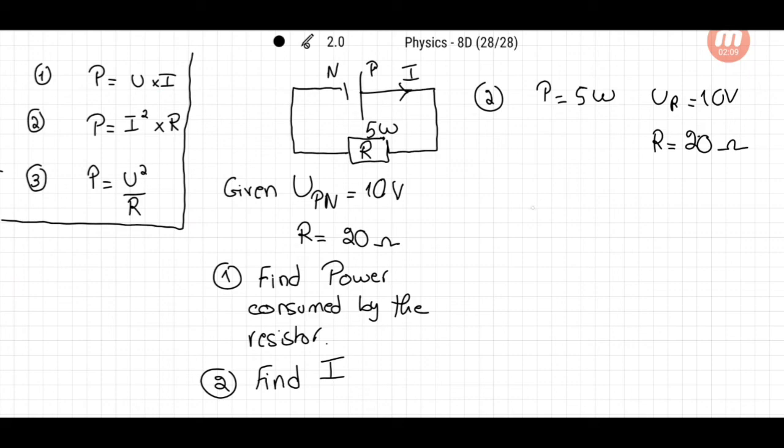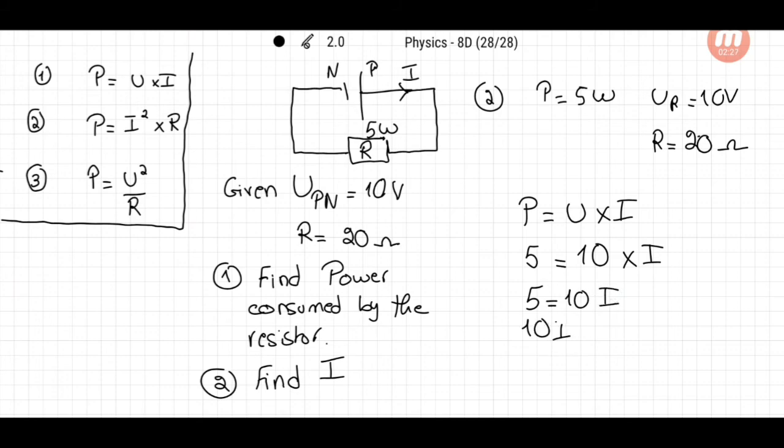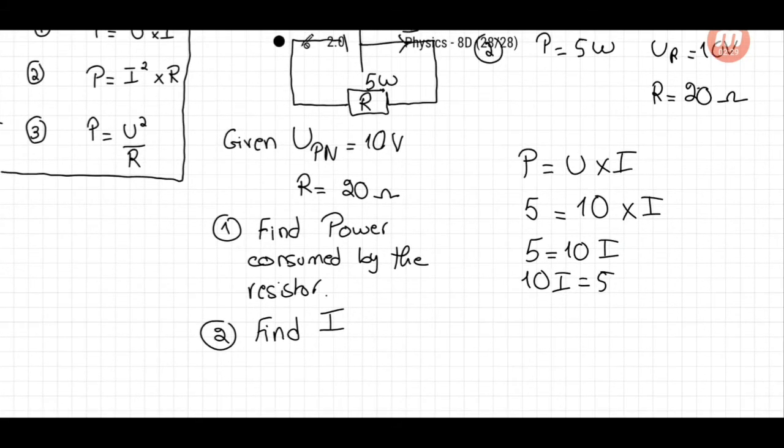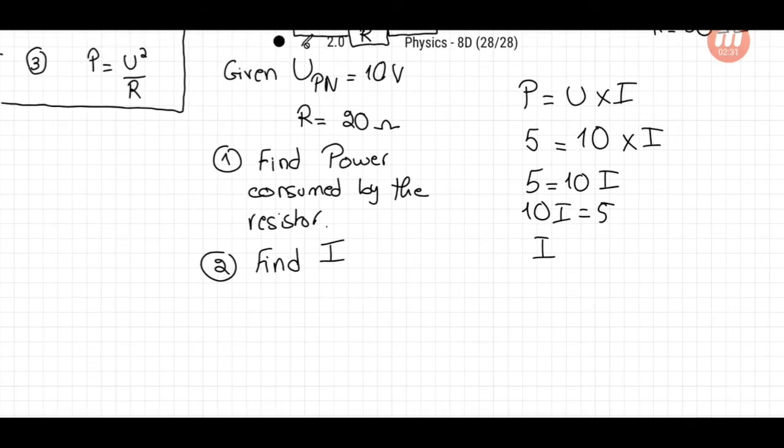I have P and I have U. I can find I. So P equals U times I. Now P is equal to 5, so 5 equals U, which is 10, times I. So 5 equals 10I. 10I equals 5. I equals 5 over 10.